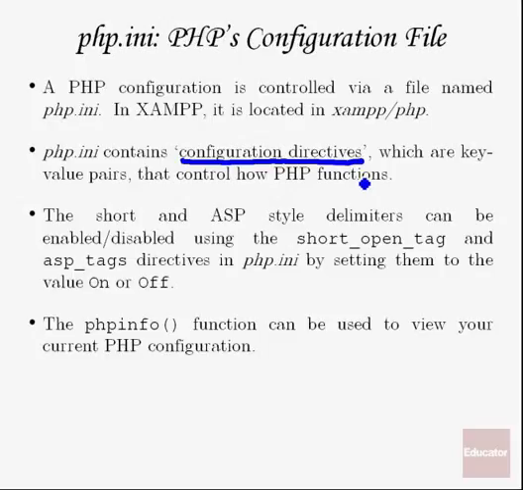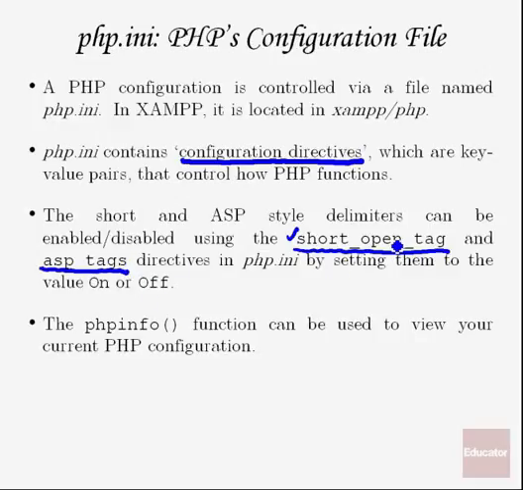For example, the directive for whether short tags are enabled or not is short_open_tag. That's the property, and then you set a value to it. You can set it either to on or off. php.ini actually has a directive for both enabling short tags and enabling ASP tags.